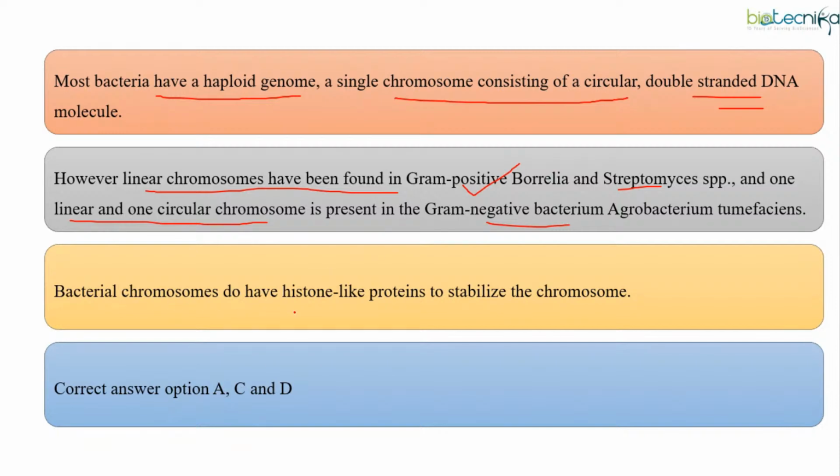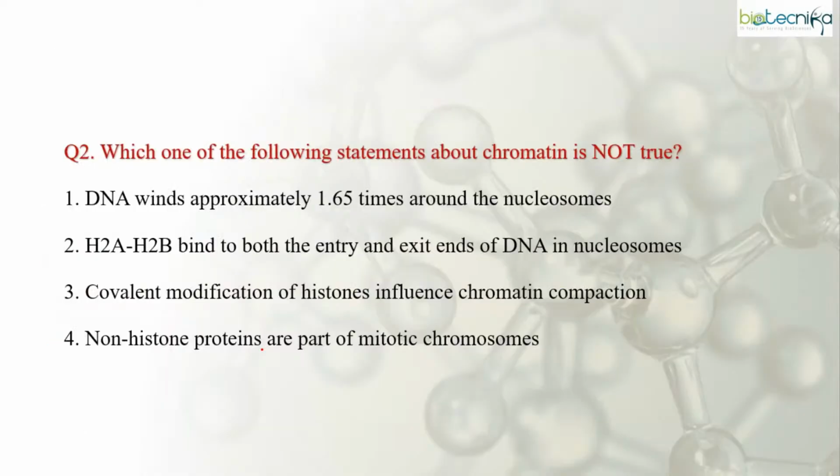Bacterial chromosomes do not have exactly histone proteins, but they do have histone-like proteins in order to stabilize the chromosomes. That's the reason the correct option over here is A, C, and D. Just have a minor clarity of this question, and fetch 4 marks from here.